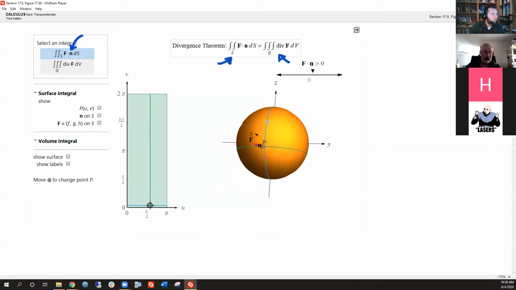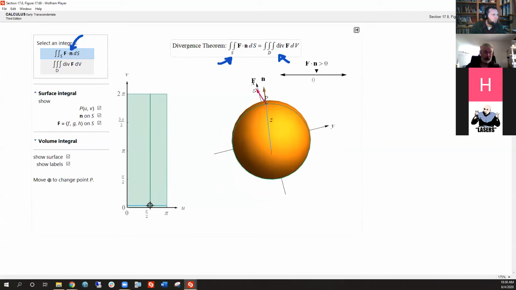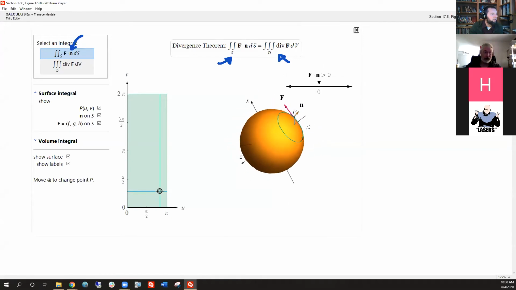All right. So here, the field is pointing this direction, the normal component's pointing that direction, and so we're going to get a little bit of F dot N that's counting towards the surface integral. So we're going to get a little bit more there. Here they're closer to perpendicular, so less is going to count.